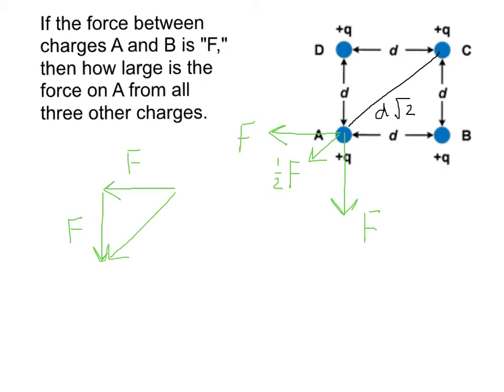So when we add two identical vectors that are perpendicular to each other, again using that same little geometry rule, we get a net force from those two of F times radical 2.